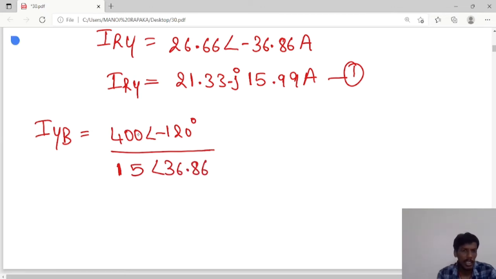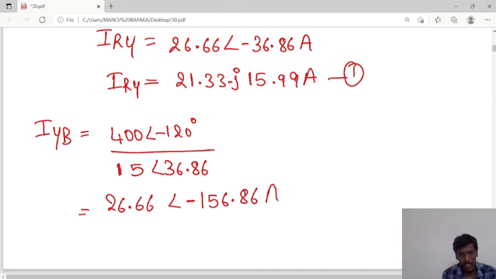Again R1 by R2, theta 1 minus theta 2: 400 by 15 is 26.66, and the angle is minus 156.86 degrees.